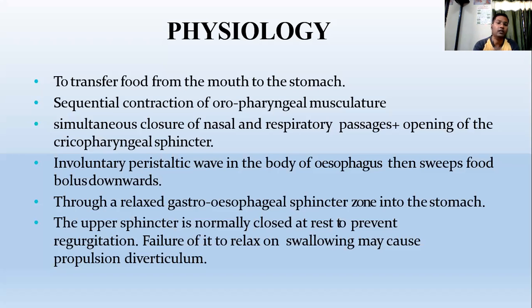So what happens when somebody is swallowing something? That's the normal physiology. There are two orifices here, the trachea and the esophagus. The epiglottis has its function when somebody is swallowing something. At that time the trachea should be closed.